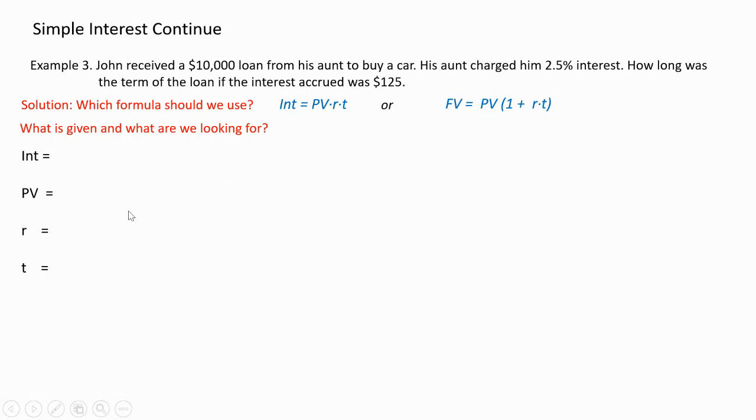So we put everything down: the INT, the PV, the R, and the T. What is given and what are we looking for? We're looking for how long, which is time. The interest accrued was 125, so we have everything there.